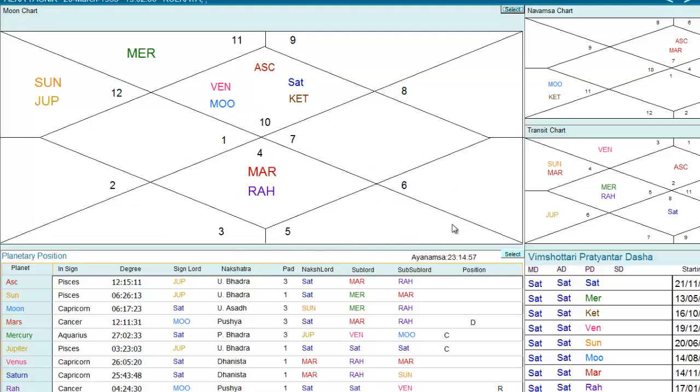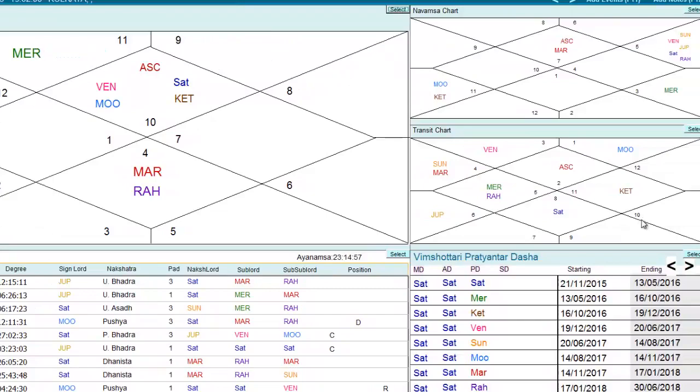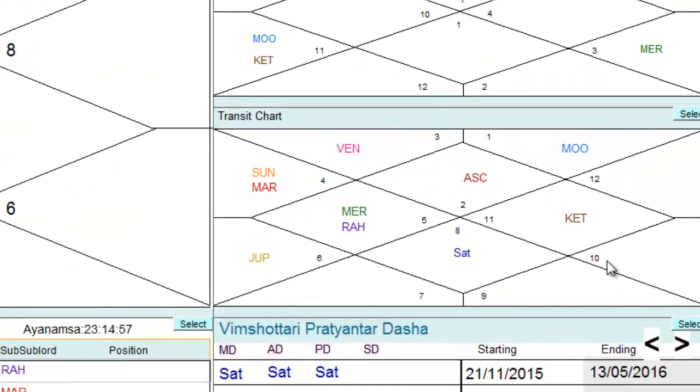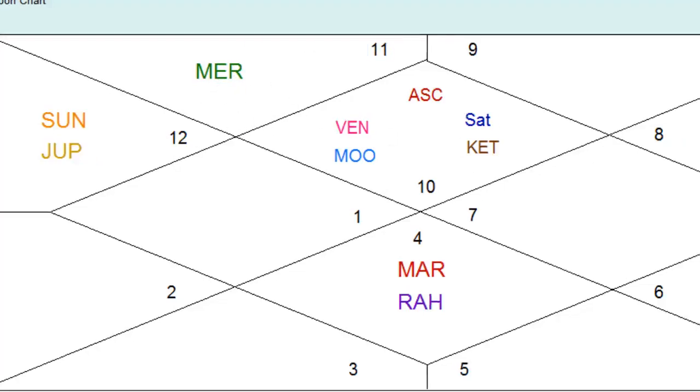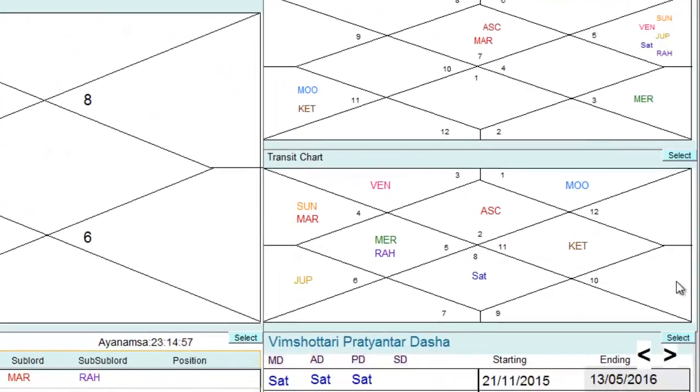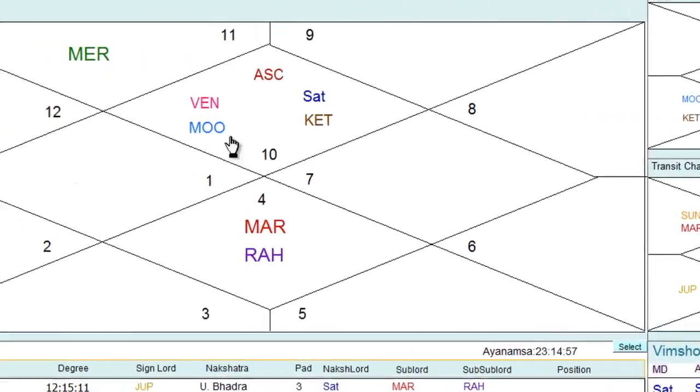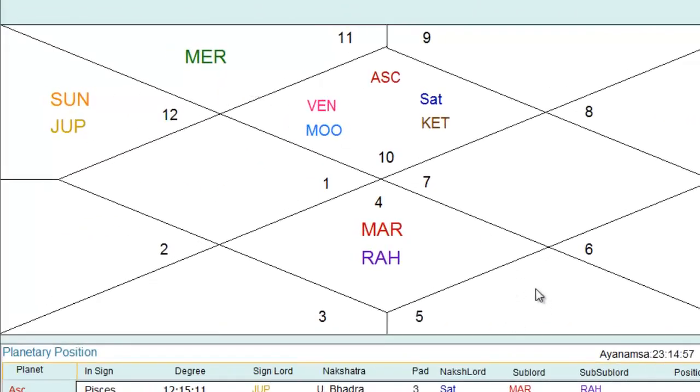Now we need to place the transit planets. Let's say we see the 10th. We will see in this chart, is there any planet in the 10th? Then we can go to the 11th. You can see in the 11th there is Ketu, so we need to consider Ketu in the second house from the Moon. On the opposite side, Rahu and Mercury are in the 5th, which is the 8th house from the Moon.